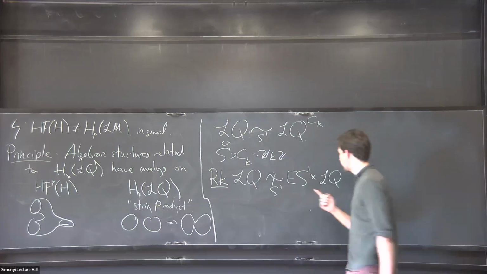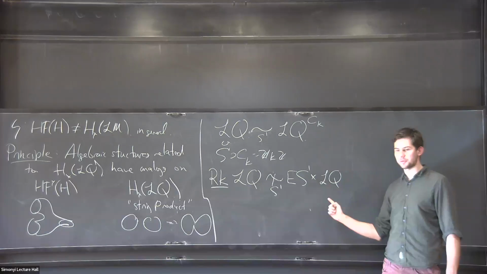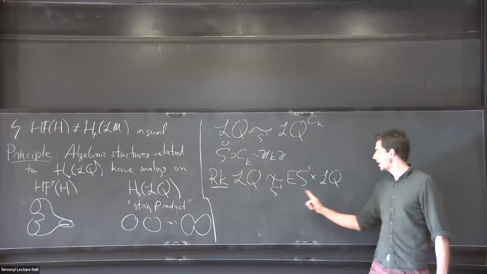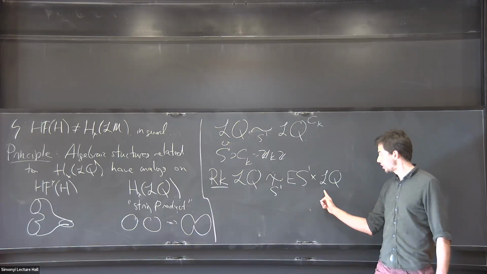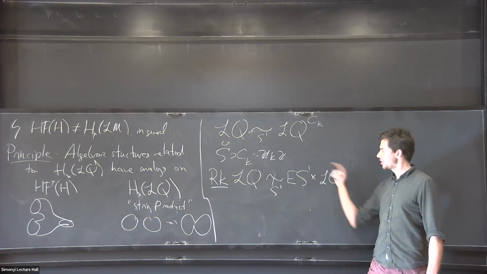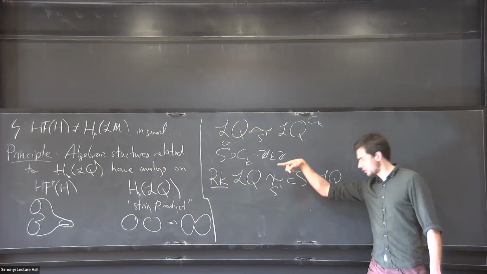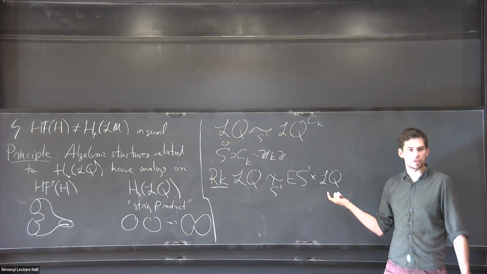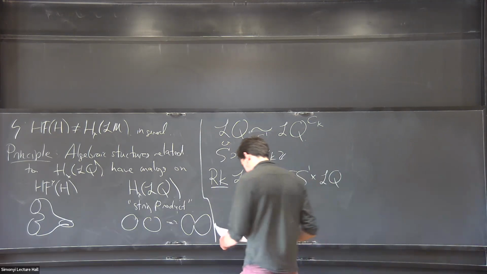If you take a contractible space with a free S1 action, then this is also an S1 space, and this is homotopy equivalent to this, but there are no maps both ways which are S1 equivariant, which would be S1 equivariantly contracted to the identity, because this has no S1 fixed points. So, well, it's cute.